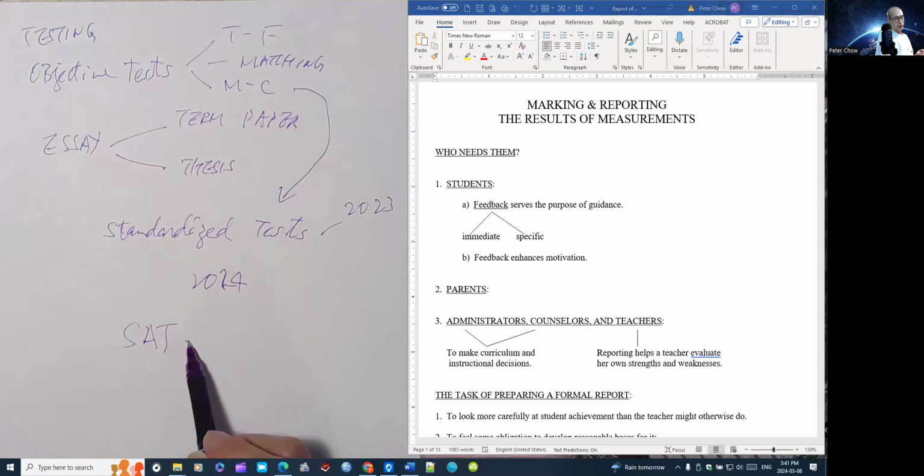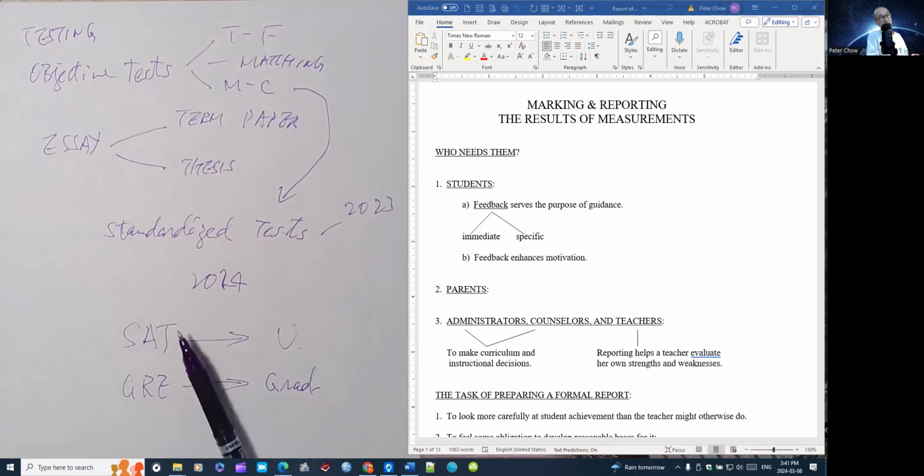SAT is used to enter university. Say, GRE, the Graduate Record Exam, is used for grad studies. Now, in Canada we don't have that, but a lot of graduate studies in Canada, say U of T, all the big universities, require applicants to take GRE.